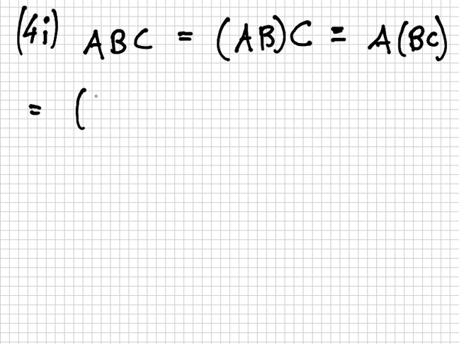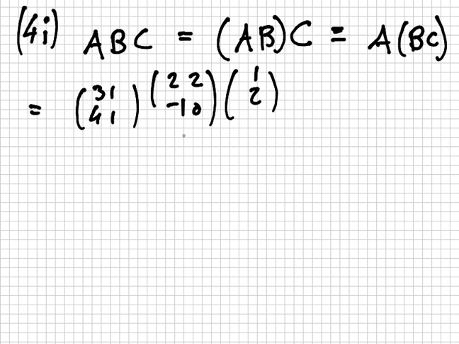So if I do AB first, let's see. So A, 3, 1, 4, 1, and then B, 2, 2, minus 1, 0. Multiply C, which is 1, 2.